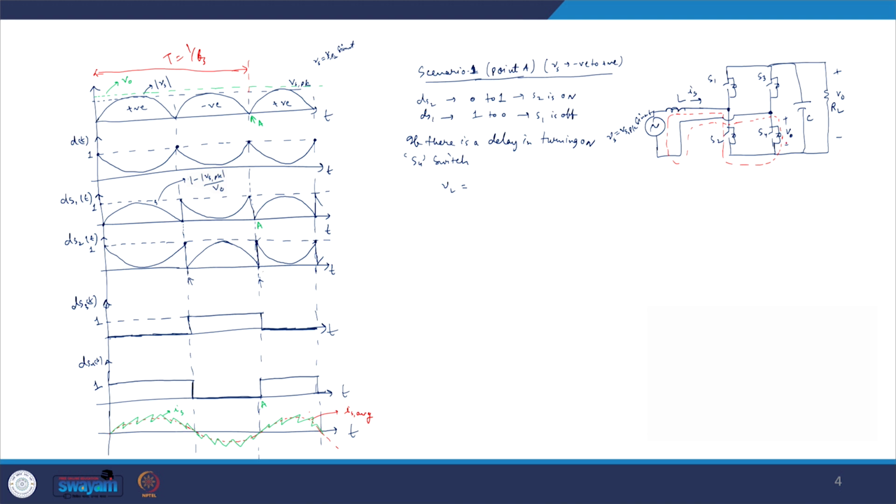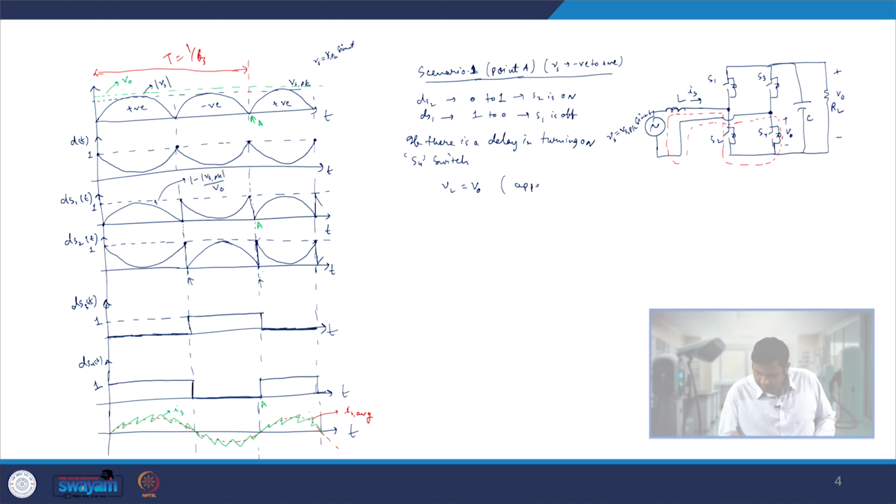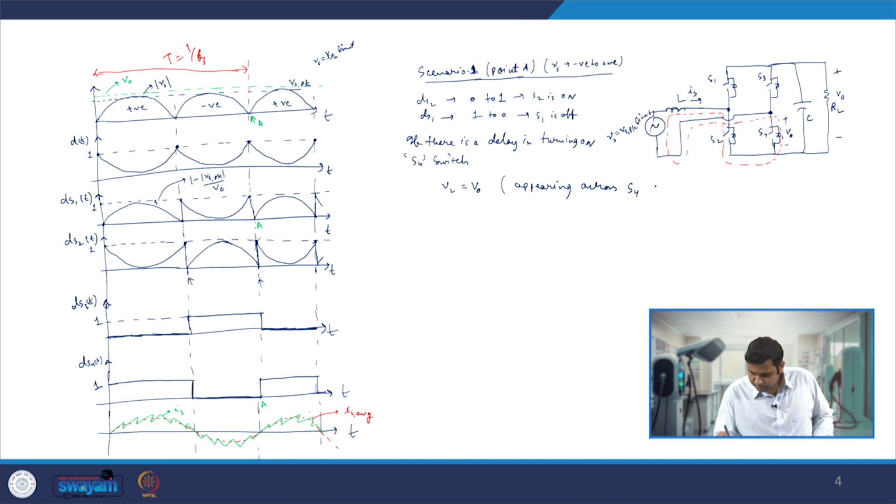So what you will get is VL equals V naught. Whatever voltage is on the output capacitance of the S4 switch is actually coming across the inductor L. So we can write, appearing across S4 switch.